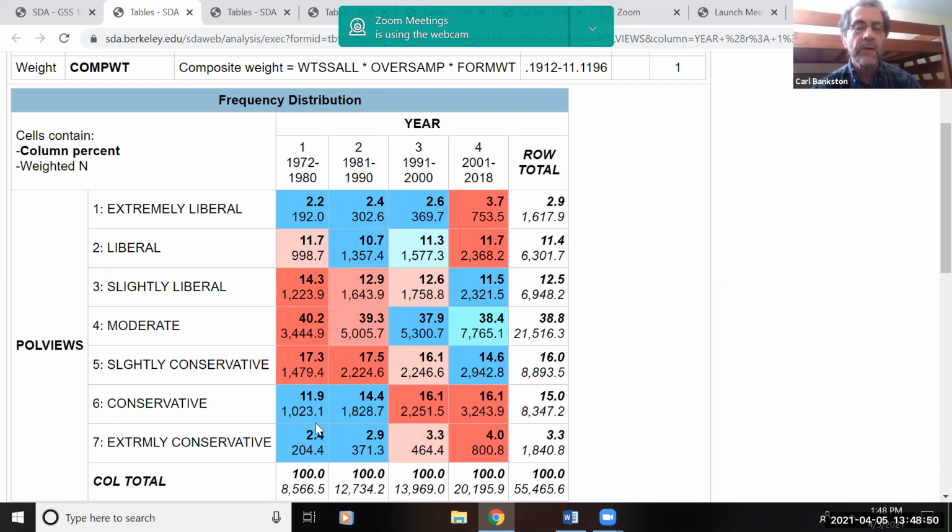And then if you look at the other end, in the 1970s, close to 2.5% of Americans said they were extremely conservative. And by the 2000s, about 4% of Americans were extremely conservative. So that's not a big change, but it does look like there was a notable growth in the extremes from the 70s until the 2000s.